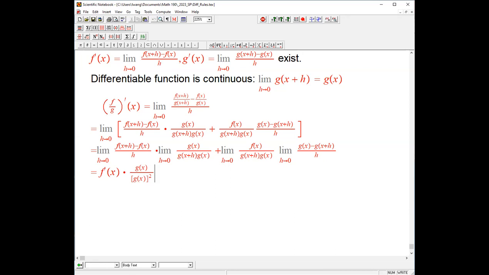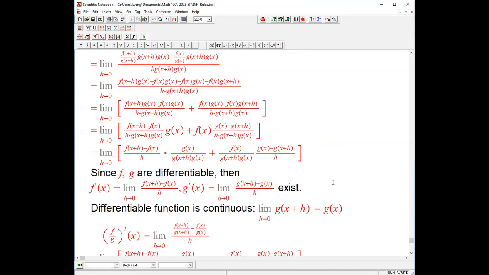I think we made a mistake somewhere. It should be a subtraction. Let's go back to see what we have missed. Yes, here, you see, I made a mistake somewhere. So this is subtracting g of x minus h, right?